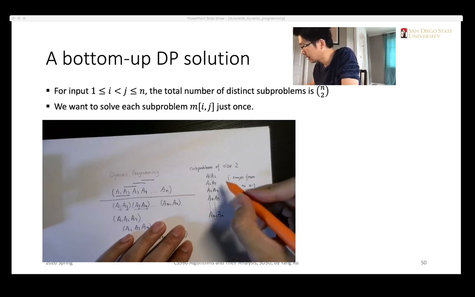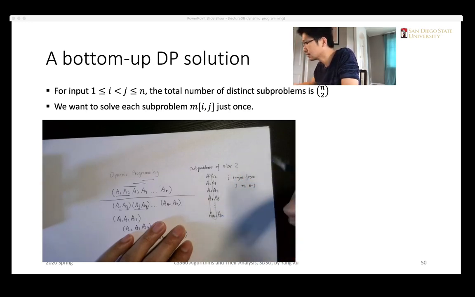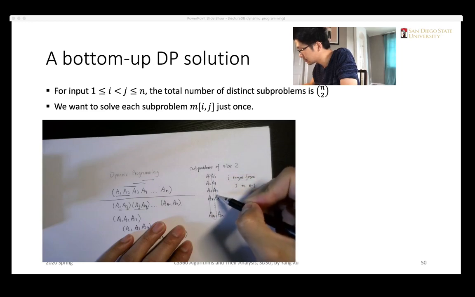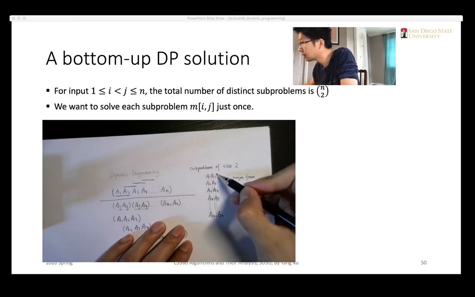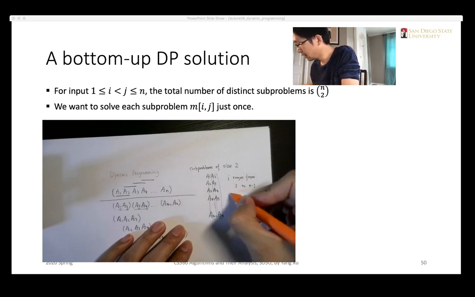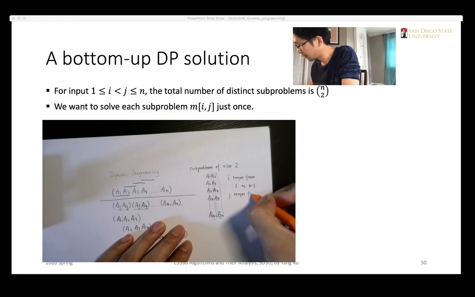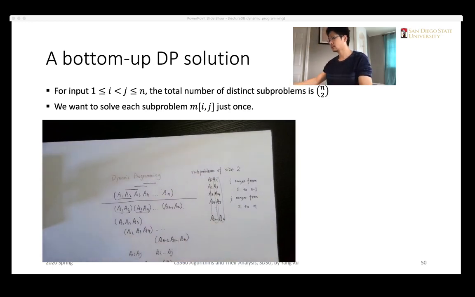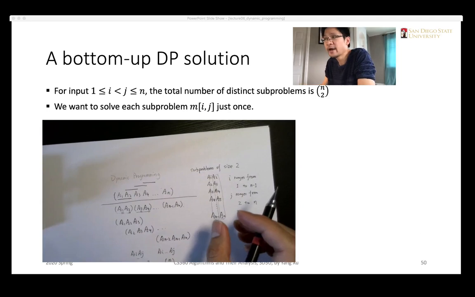And what about j? This is the index j. j ranges from 2 to n. Okay, so you can imagine this.